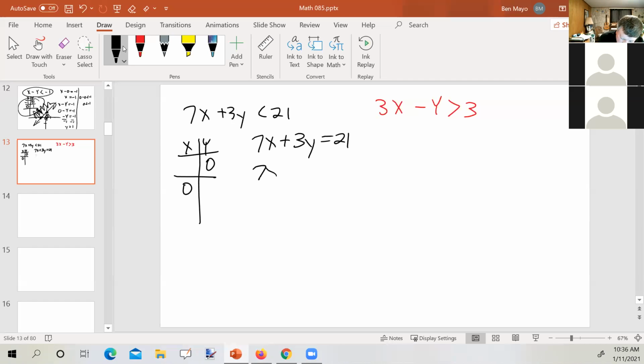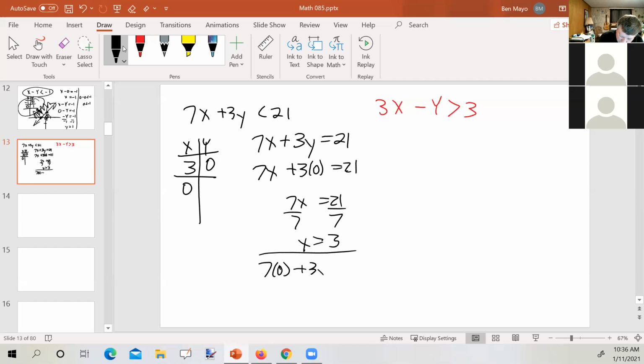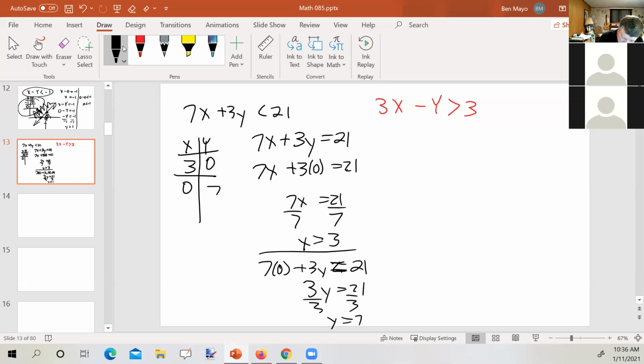If y is 0, we get 7x plus 3 times 0 equals 21. So 7x equals 21. X equals 3. If x is 0, we get 7 times 0 plus 3y equals 21. 3y equals 21. Y equals 7.